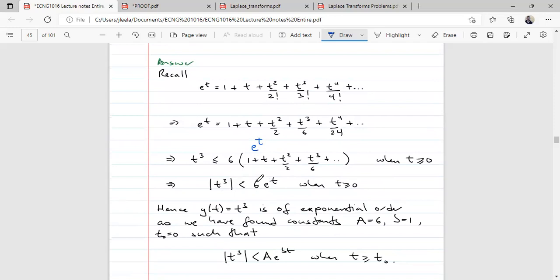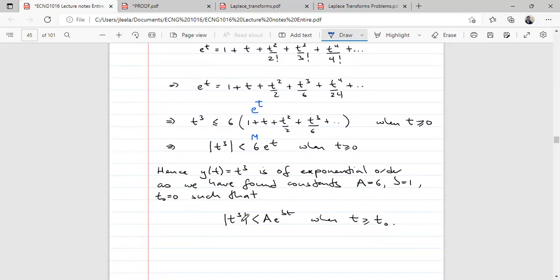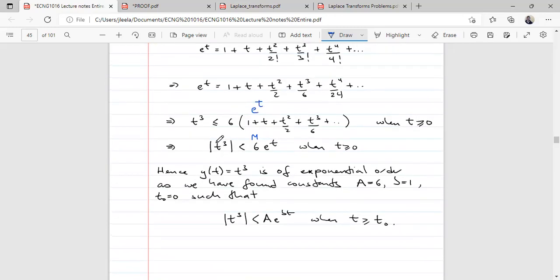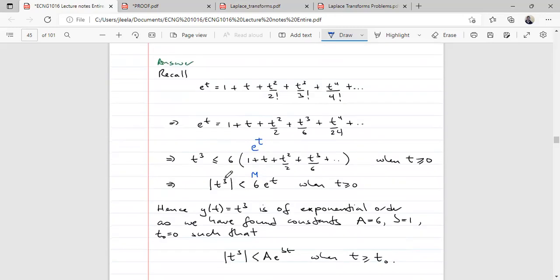The constant for a is 6, your b is 1 because e to the bt, and your t naught is 0, such that the absolute value of t cubed is less than a e to the bt when t is greater than t naught. So this is a function here that is of exponential order.